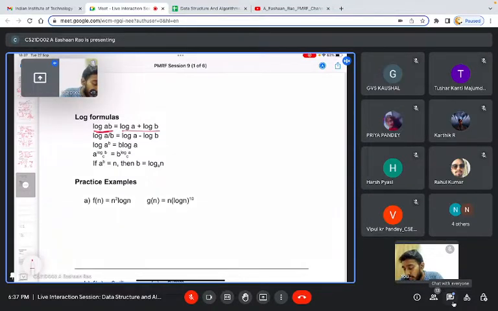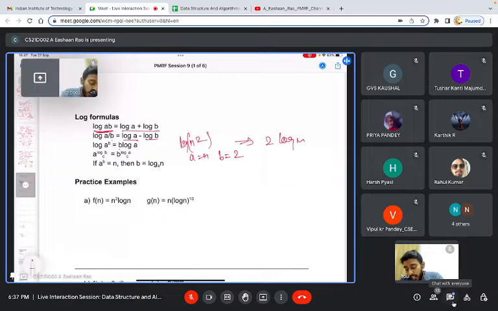Similarly, for log of a divided by b, we can expand it as log a minus log b. And if we have log of a raised to b, we can write b log a. Just like with n square, if we put log here, a is n and b is 2, so if we expand it, it becomes 2 log n.